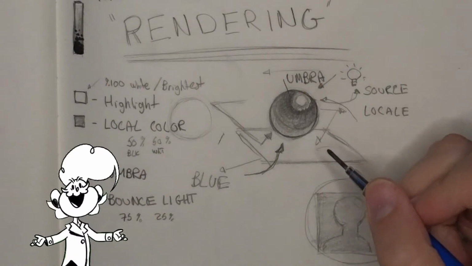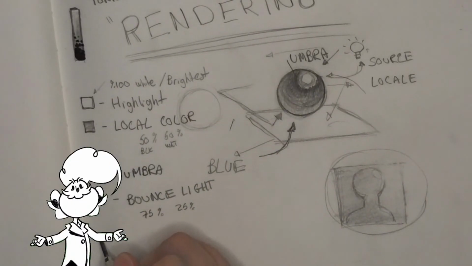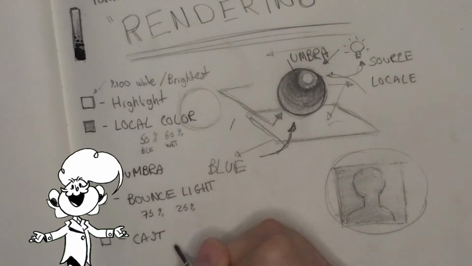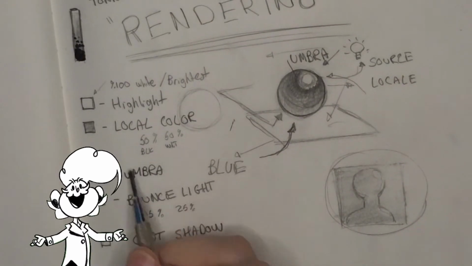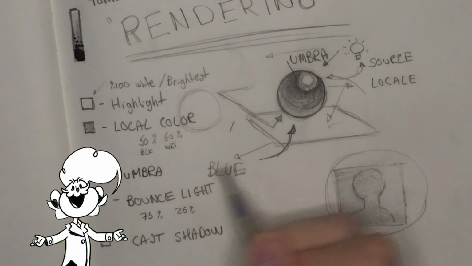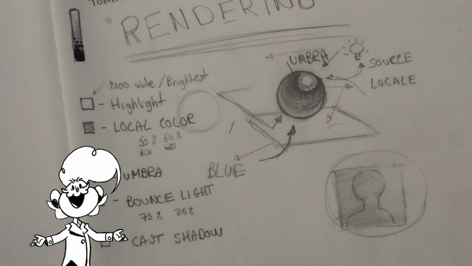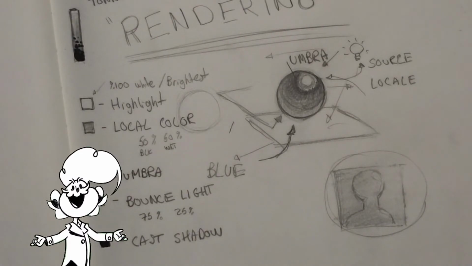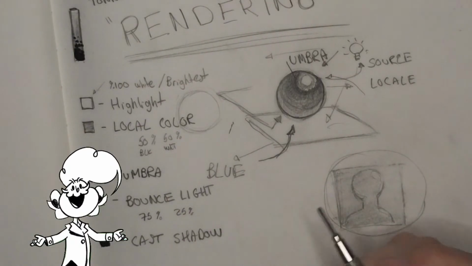And there's the cast shadow, which is going to be pretty close to your umbra, at least at its darkest point, because it has to do with where there isn't light. A shadow in itself is not a thing. It's not a depiction of anything. It's an absence of light.